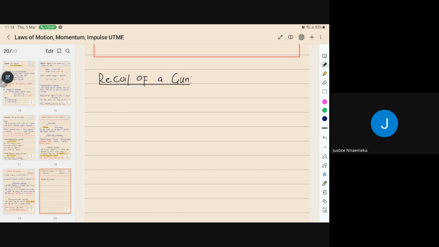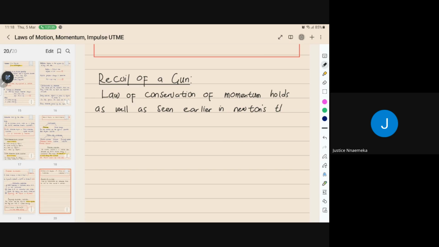So for that one, the law of conservation of momentum holds as well, as seen earlier in Newton's third law.